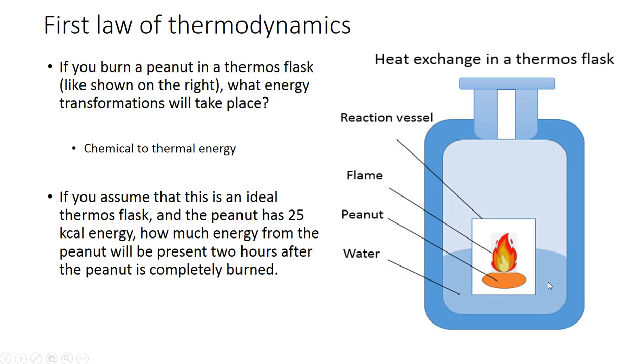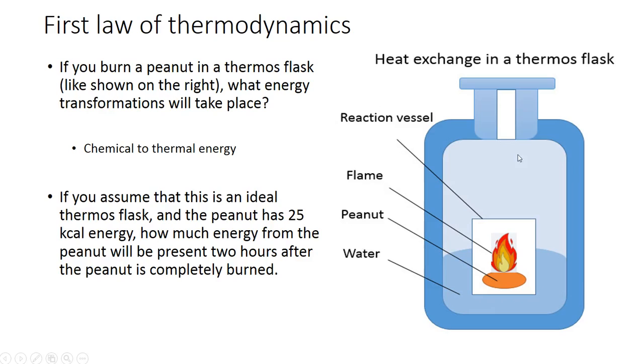Let's think about this. So we know that the burning of the peanut is losing energy, but the energy cannot get out of the thermos flask because it is insulated. So all the energy lost by the peanut will still be inside the thermos flask.